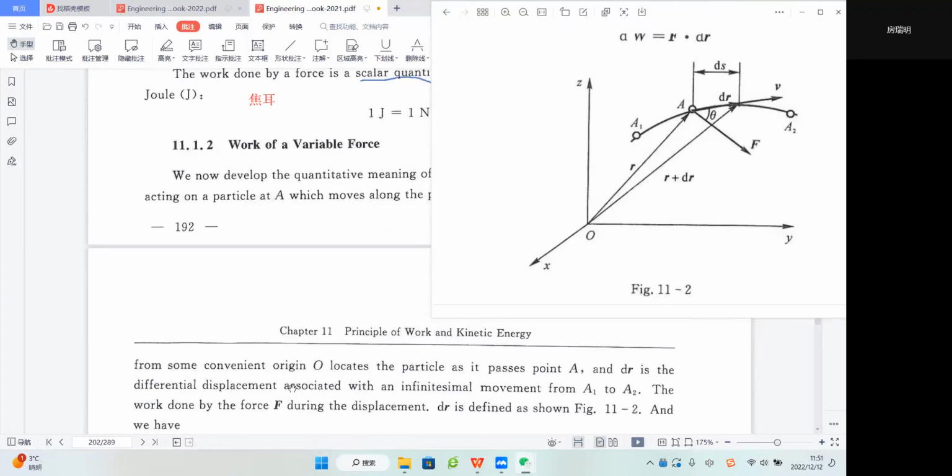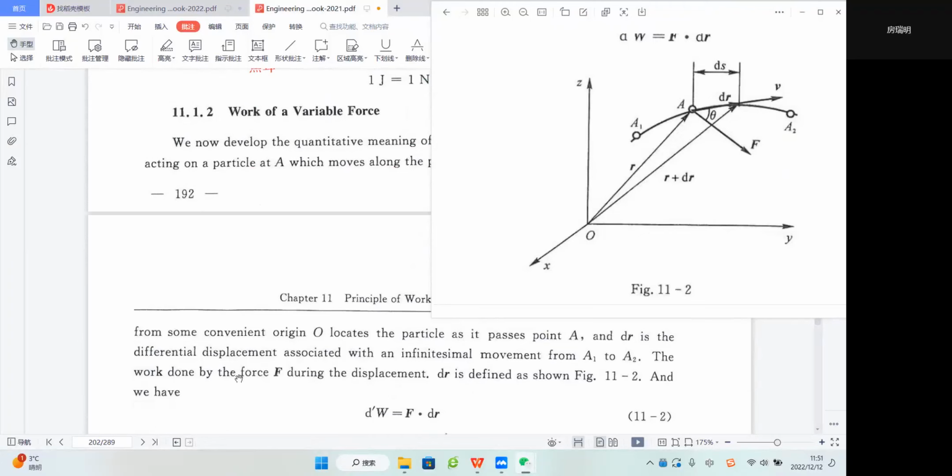So that means the work done by F during this displacement is very, very small. It's small enough that A1 and A may even overlap together.